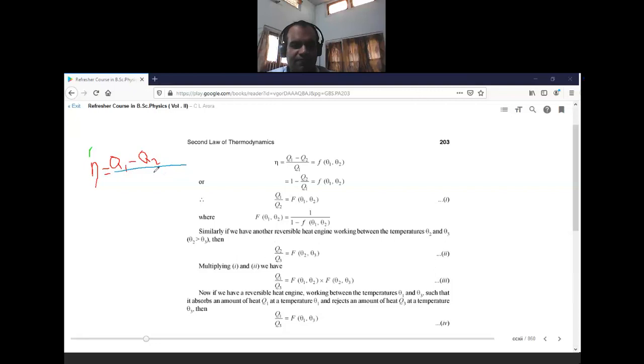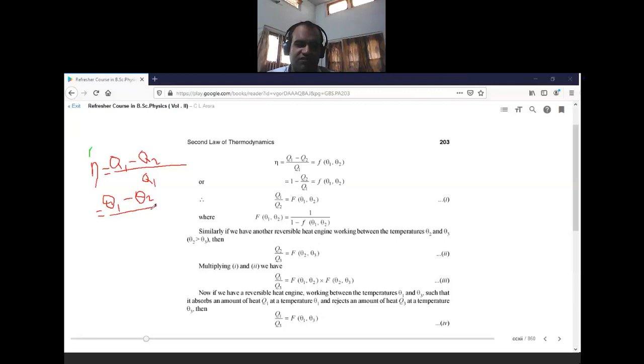Now efficiency is also like this: this time the source is assumed to be at temperature theta 1 and the sink at temperature theta 2.